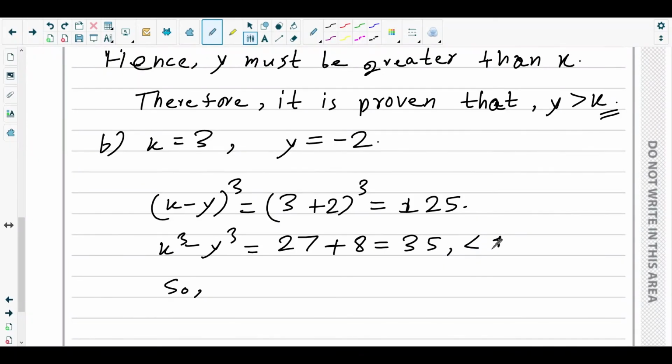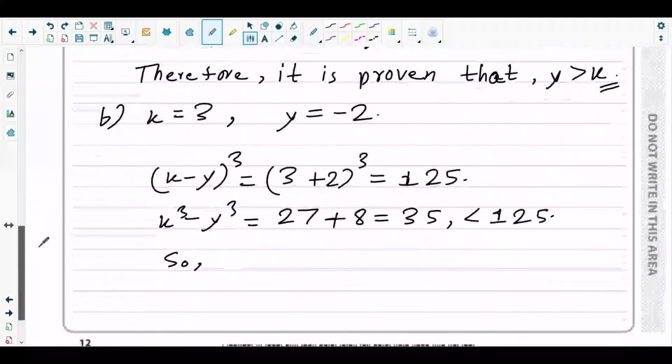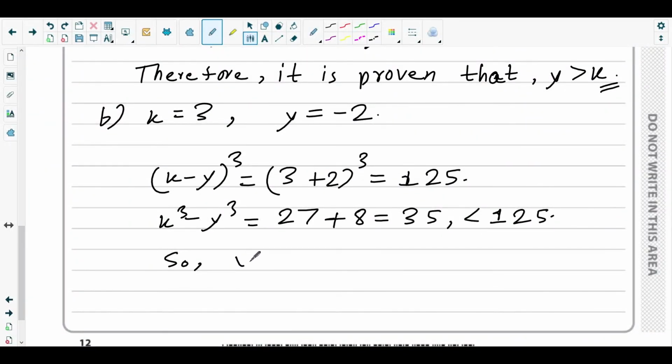Which is less than 125. So basically x cube minus y cube is less than (x - y) whole cube, right? So (x - y) whole cube is greater than x cube minus y cube when x is greater than y.